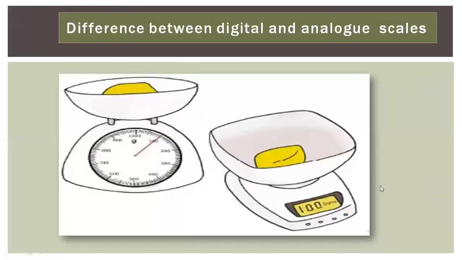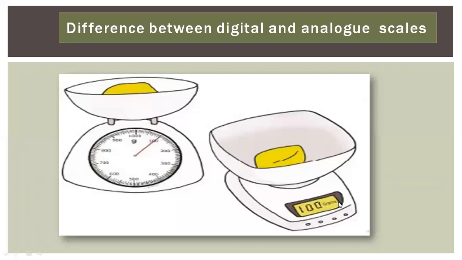Whereas in the digital scale, which is much more advanced than the analog scale, it tells us the exact amount, and the amount appears on this part. The numbers are written on this scale.